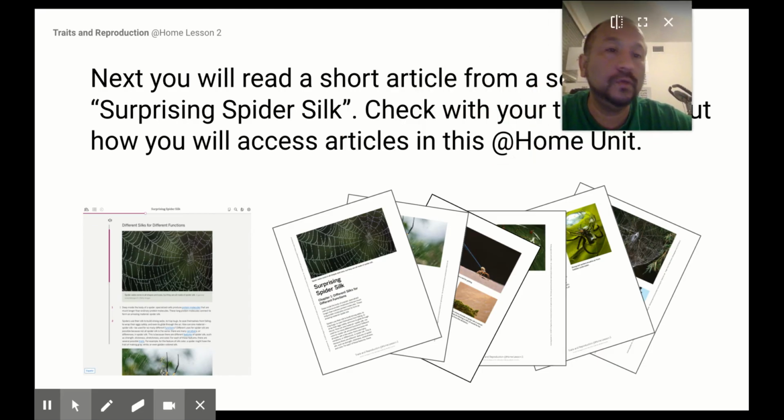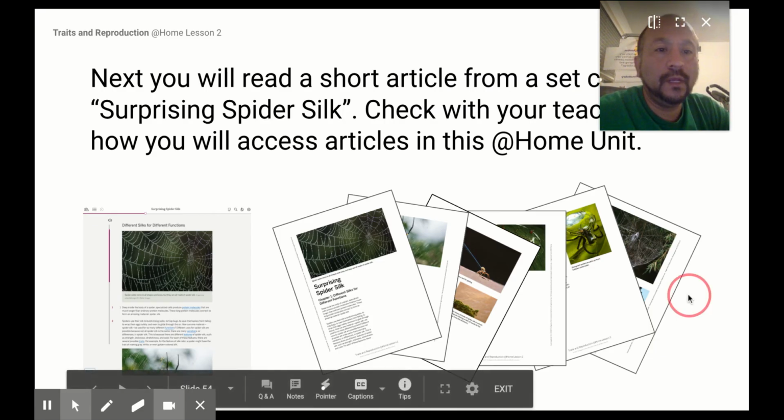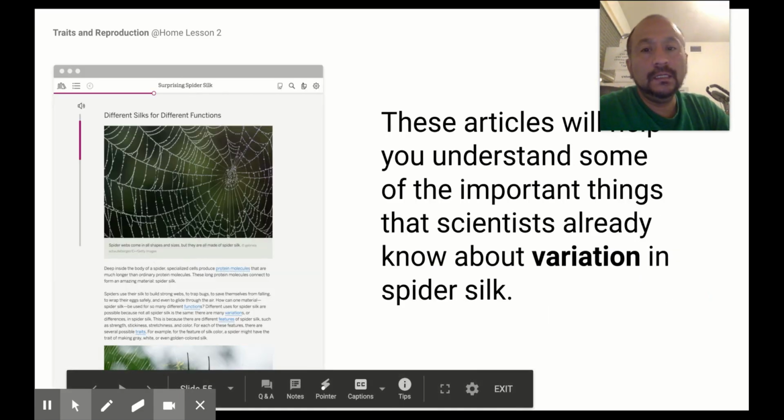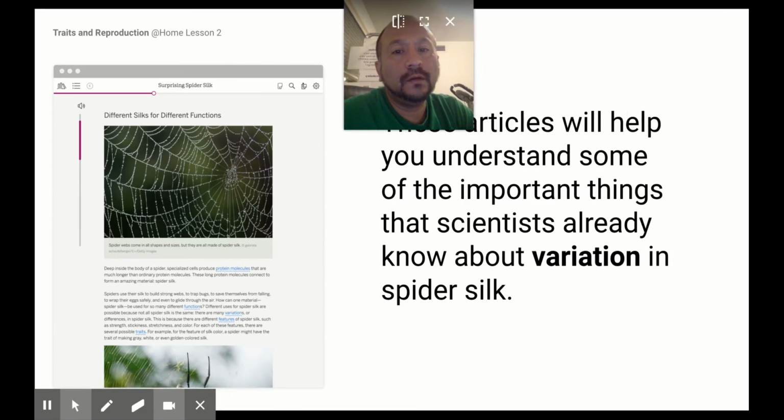We want more information. We need to gather more information, and in order to do that, we're going to be reading an article. It is going to broaden our understanding. What we're going to be doing is looking at different silks for different functions.